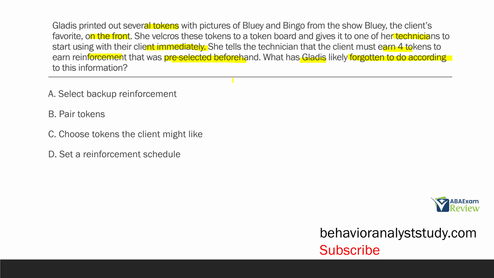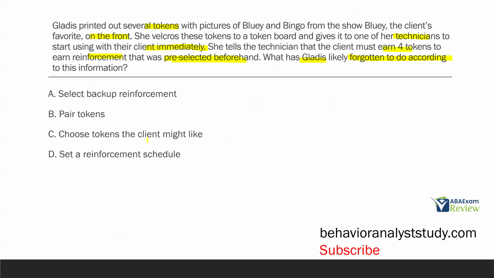Did Gladys at any point pair these Bluey tokens with the backup reinforcers? She didn't. She took those tokens and gave them to the technician and told the technician to start using the economy immediately. Before we can use these tokens and before this token economy can be effective, we have to pair those tokens with the pre-selected items.